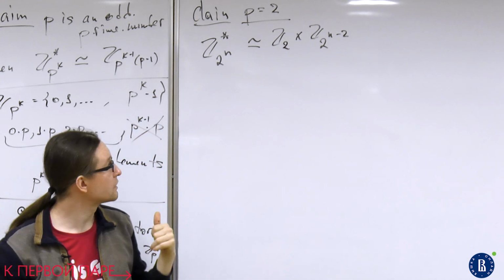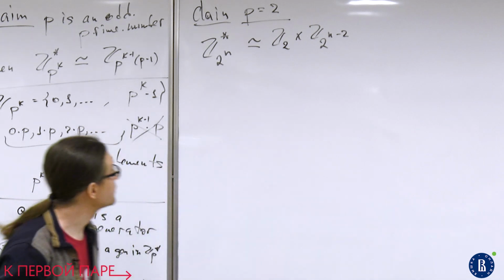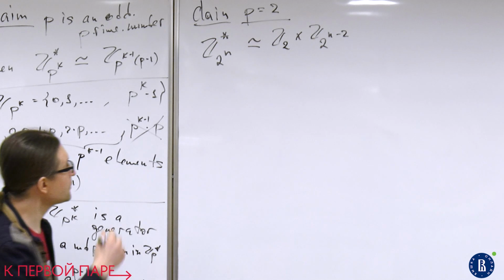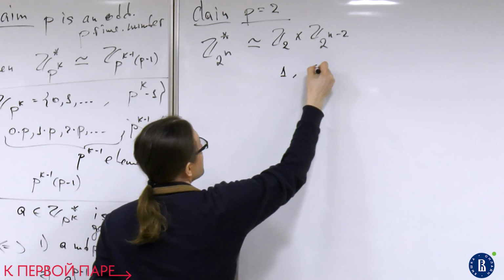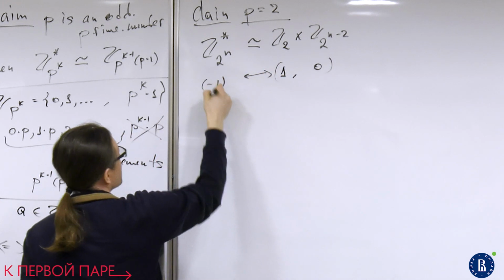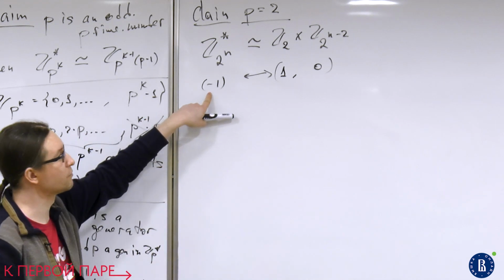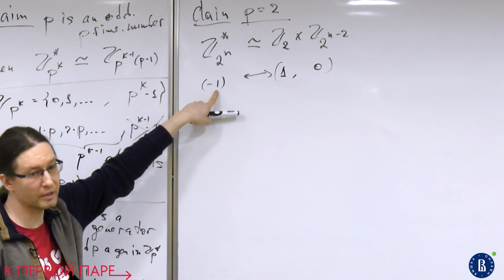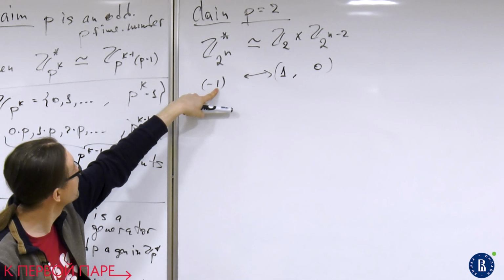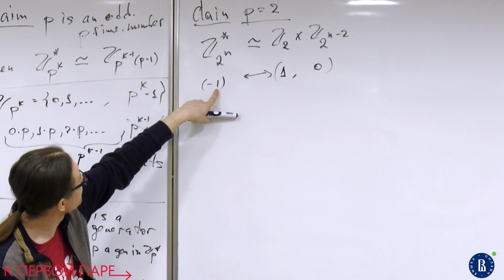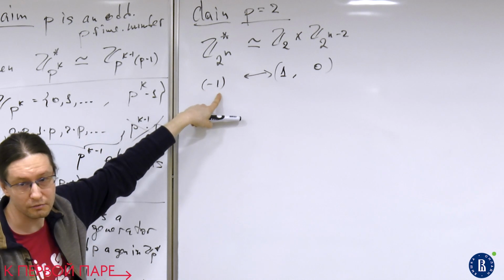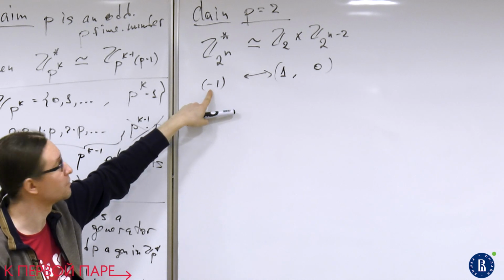So the amount of elements is at least the correct one. And here we know exactly the generators. If you take the element 1, 0, it corresponds to the element minus 1. Saying minus 1, I mean the inverse element to the element 1 with respect to addition. Strictly speaking, you should take 2 to the power of n minus 1, but it's easier to represent such an element as minus 1.